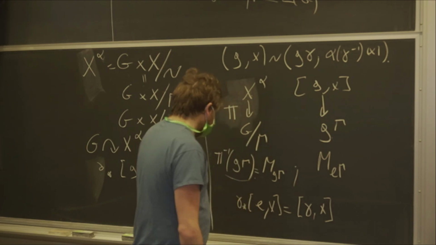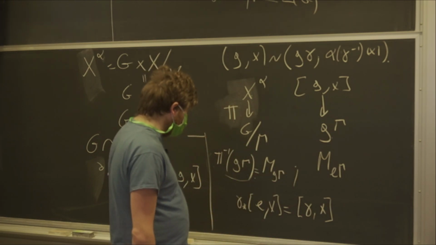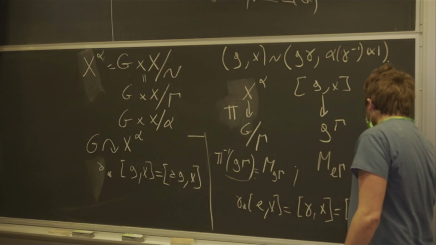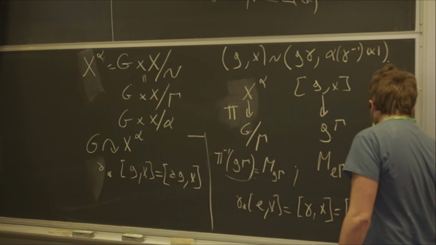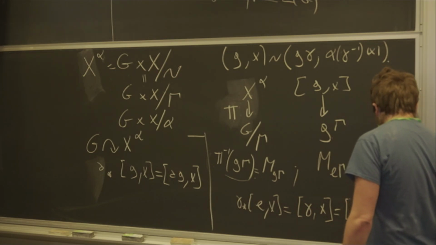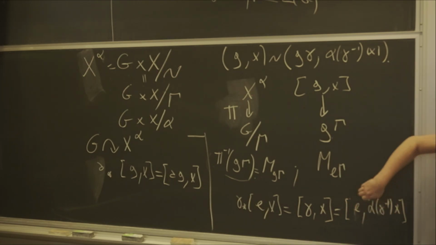This is gamma X by definition, and this is the same as E alpha of gamma inverse X. Okay, so I have the inverse action, but that's pretty much the same idea.